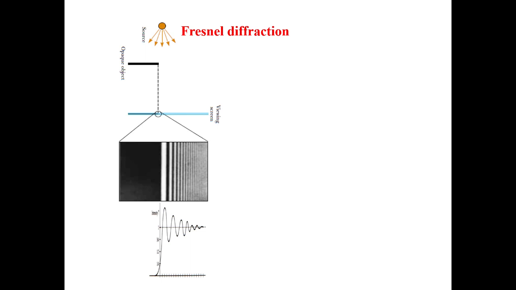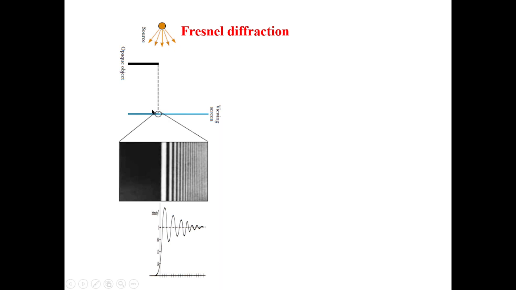In Fresnel class of diffraction, one can observe light in the region where full darkness is expected. Here, this is the aperture and this is the light source, and this is the region where full darkness is expected, and this is the region where full light is expected.